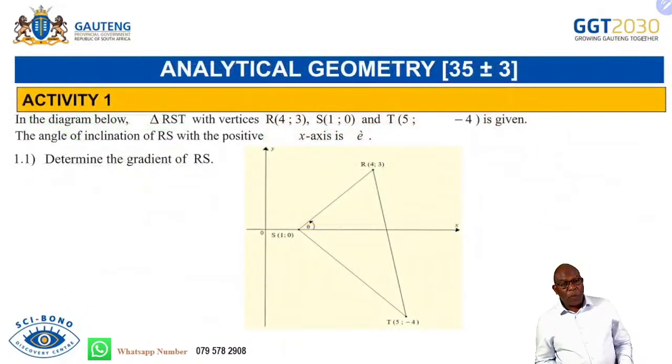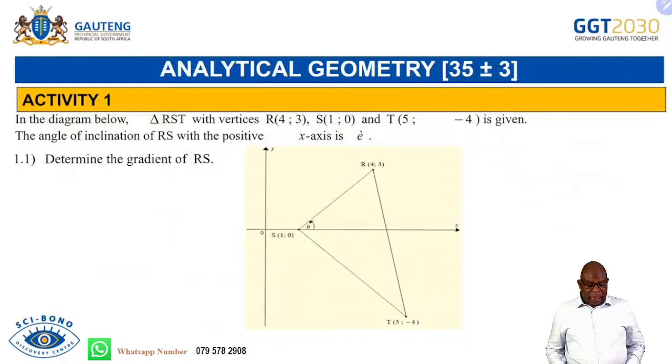So now, starting with the activities. In analytical geometry, we have 35 marks.